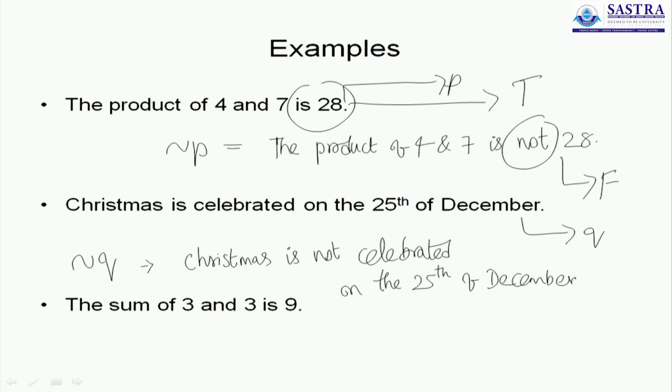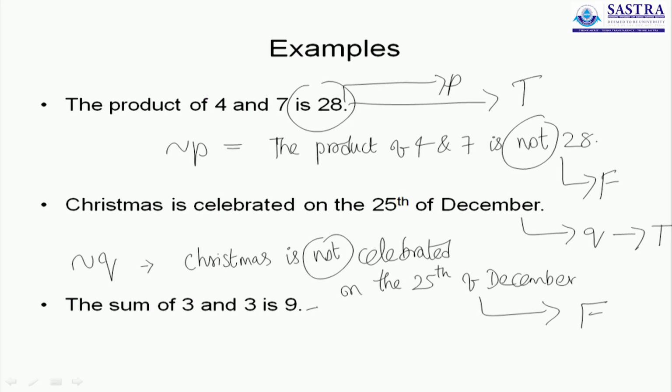We're not saying it is celebrated on the 24th or 26th, or speculating whether it is celebrated in December or November or September. What we're saying is the exact opposite. We're just denying it. We're saying the exact opposite of what is being told in Q. So if Q takes the value T, because it is true, the negated Q will take its truth value as false, as in F.